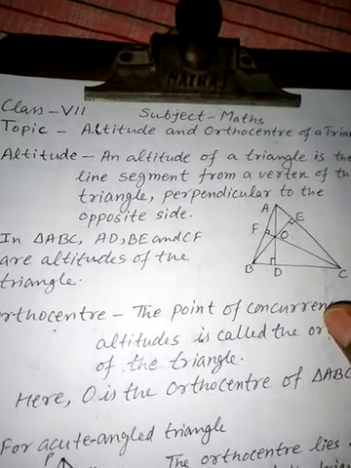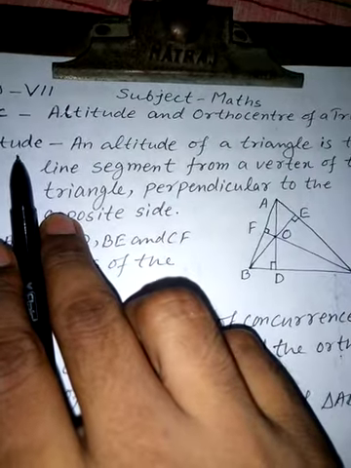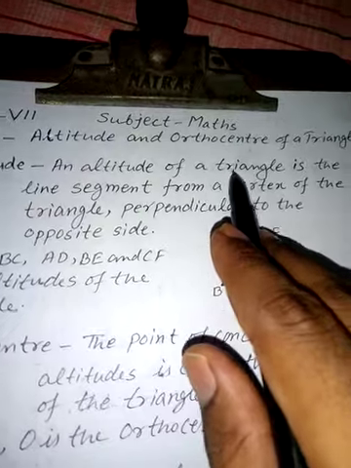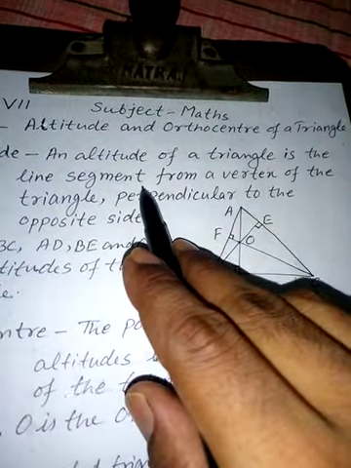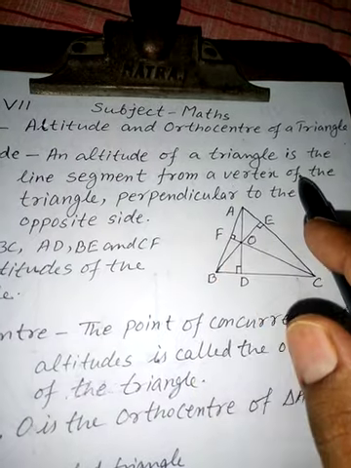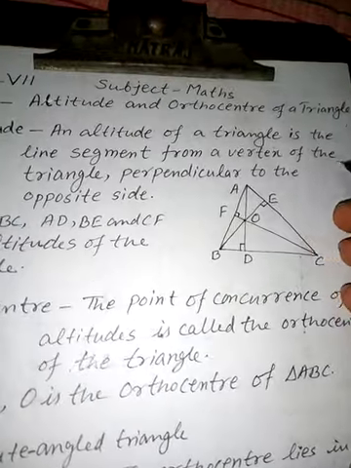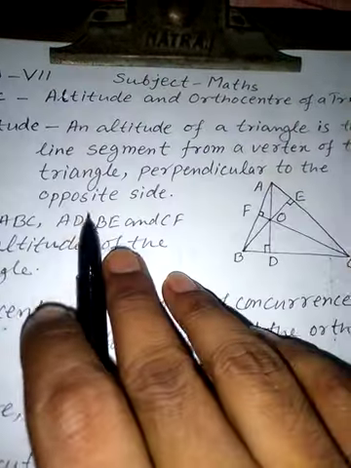First of all, we have to understand the meaning of altitude. An altitude of a triangle is the line segment from a vertex of the triangle perpendicular to the opposite side.